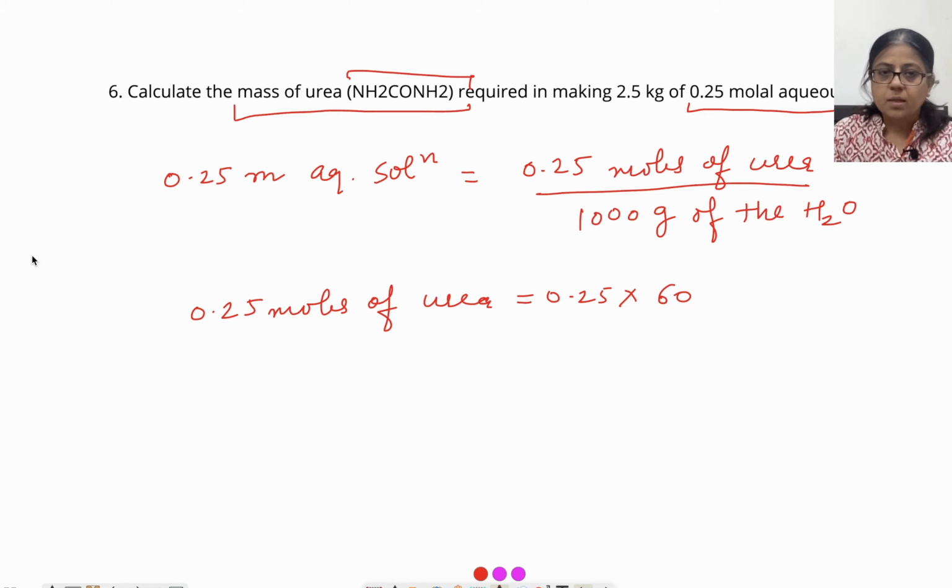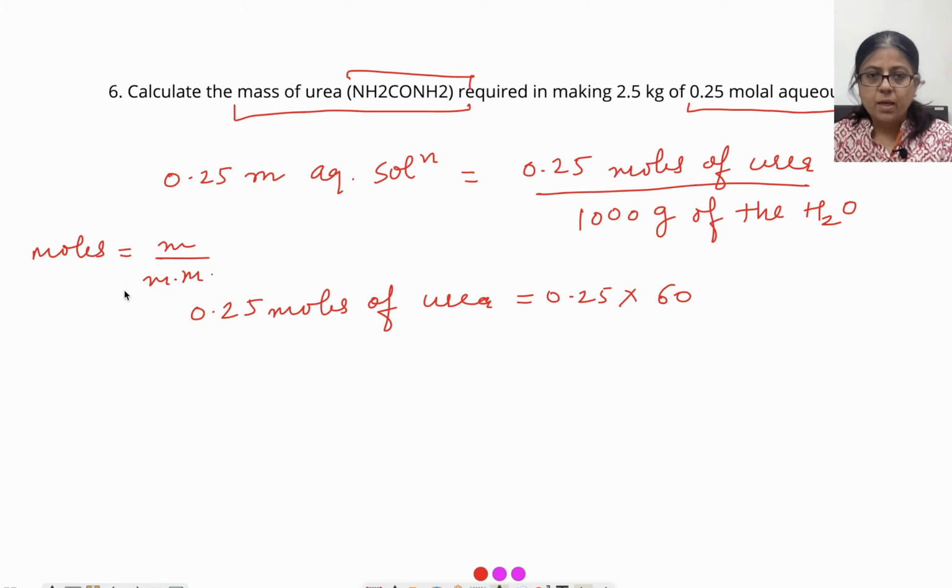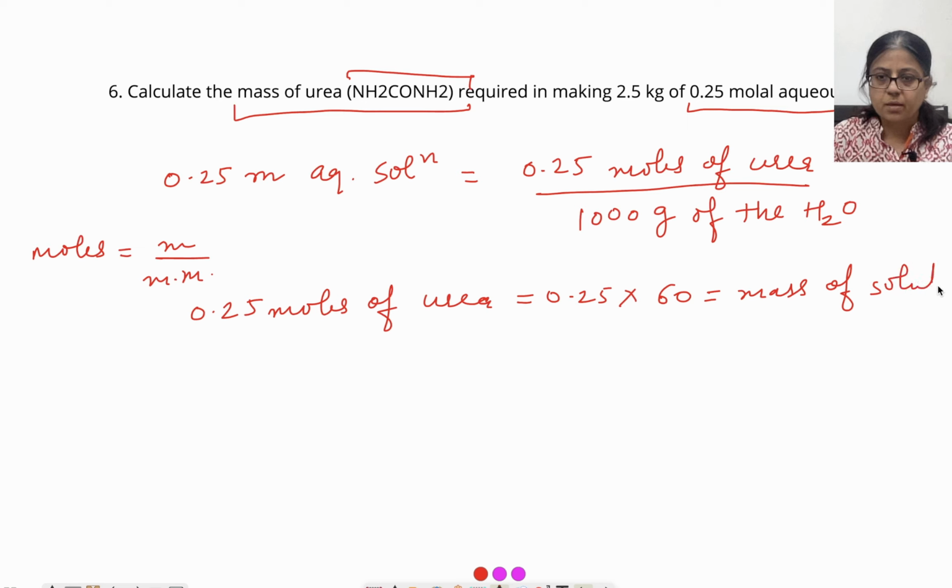Because the number of moles is equal to mass of solute divided by molar mass of the solute, if we multiply the number of moles with molar mass, we will get the mass of the solute, 0.25 into 60.